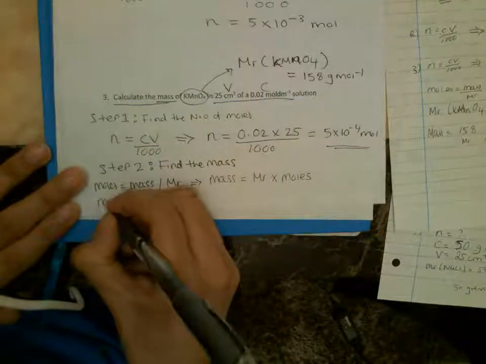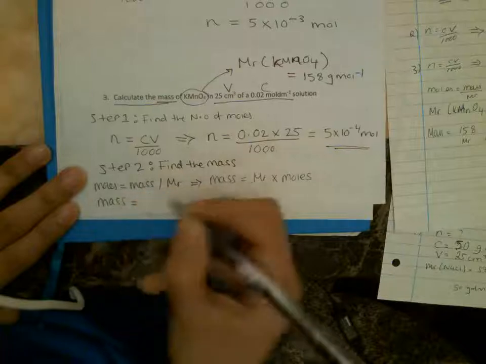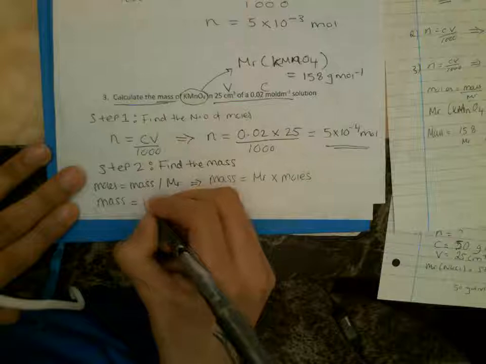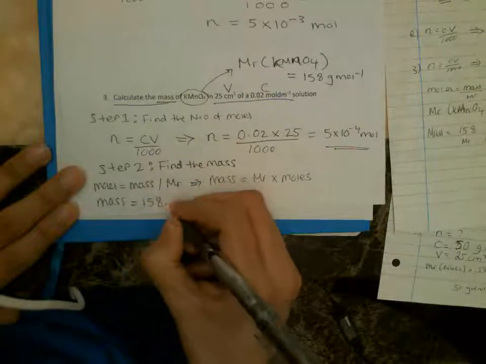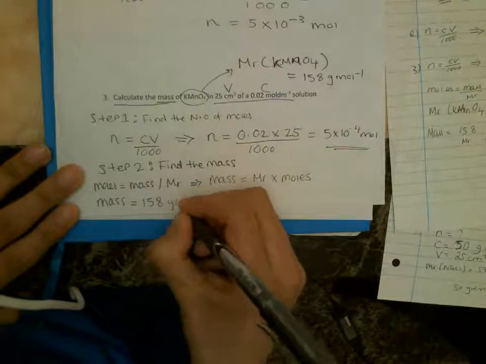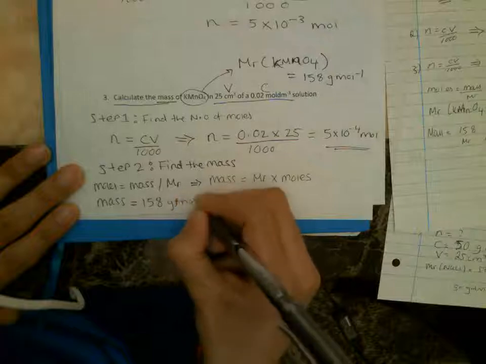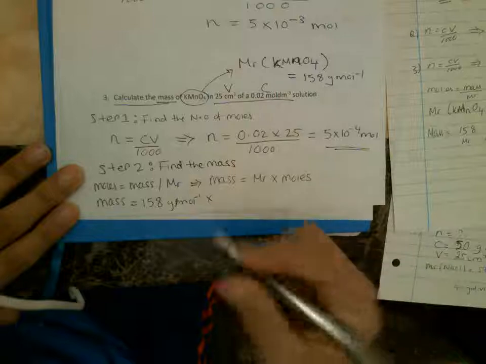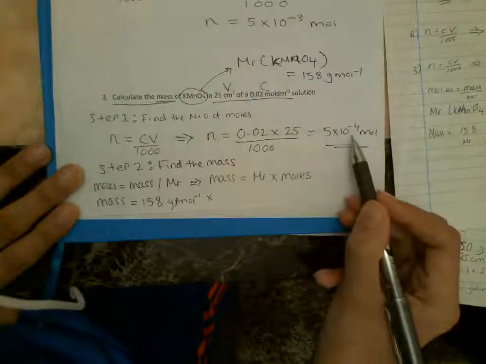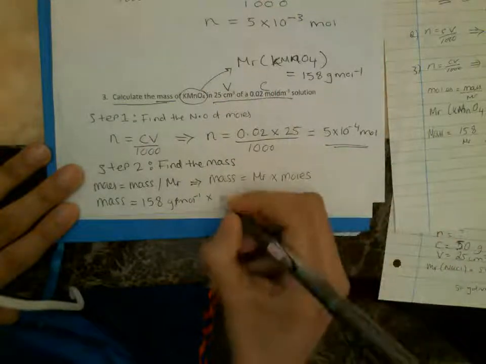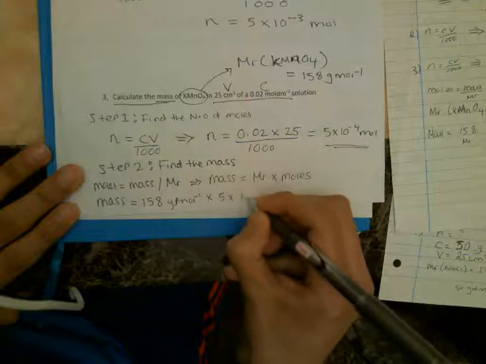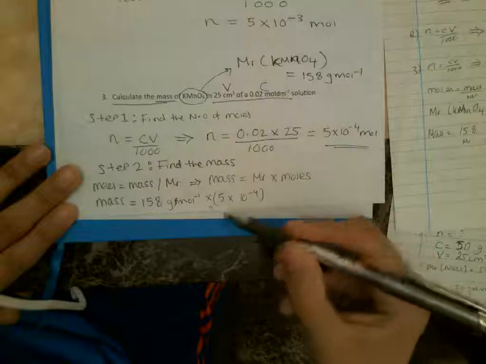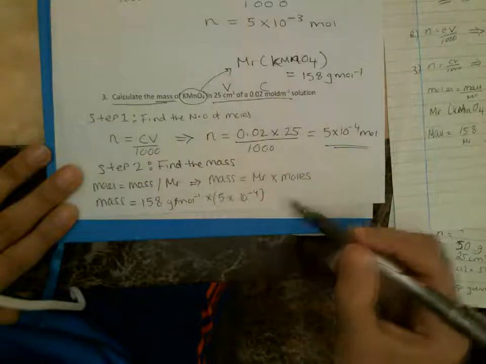So mass equals the Mr of potassium manganate that we've just found, 158 grams per mole, times the number of moles, which we worked out in step 1, which is 5 times 10 to the power of minus 4. I always like to put my standard form in brackets just to avoid confusion.